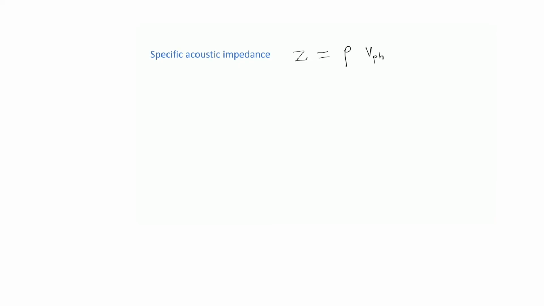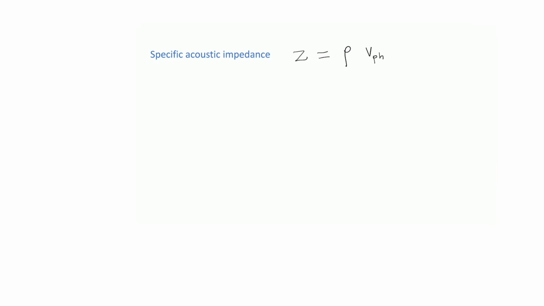Having seen the specific acoustic impedance, there is one final piece that we need to know: what are the units of specific acoustic impedance? I have written down our standard formula, which is rho times the phase velocity. So, you can easily work out the units in this case.